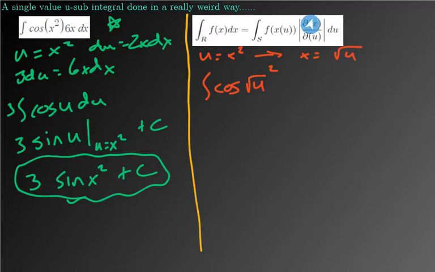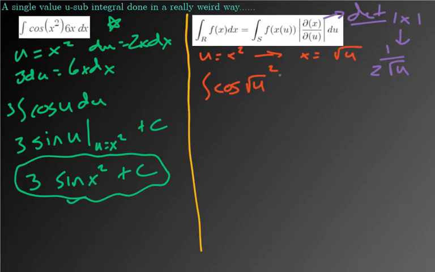And then this is truly a determinant, okay? But it's a 1-by-1 determinant, which basically just works out to absolute value. So this is just the 1-by-1 determinant of the partial of x with respect to u. So this part is 1/2 square root of u, right?